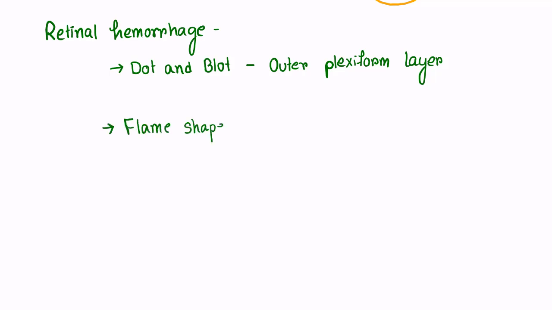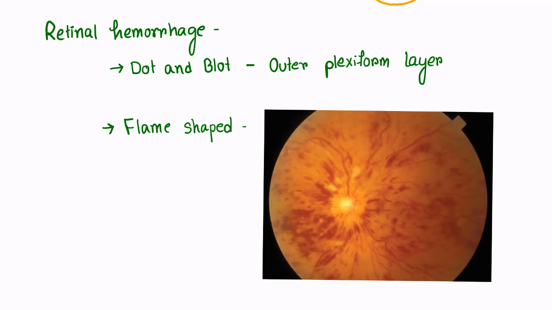Then flame shaped hemorrhage. In the picture you can see this flame shaped retinal hemorrhage. It is found in the nerve fiber layer. Next finding is exudates.